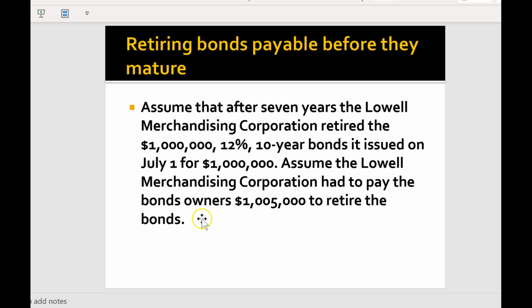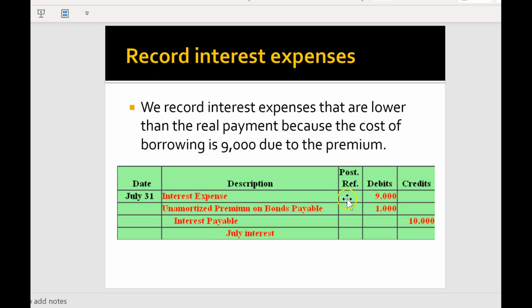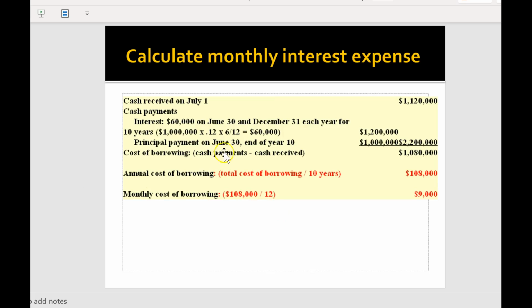So I'm going to debit interest expense 9,000. I'm going to credit interest payable 10,000. Why? Because every 6 months I'm paying 60,000, right? So for every month, the interest payable, which means interest accrued to be paid in 6 months, would be 10,000.